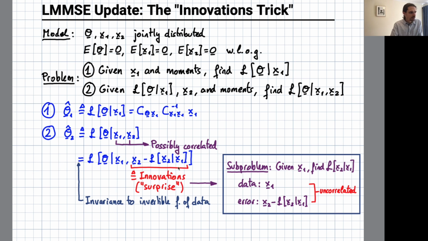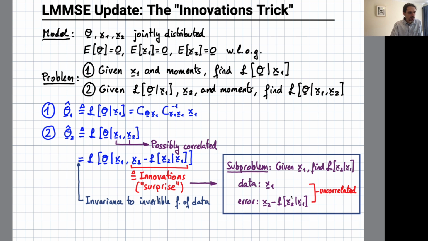To see the relation between this vector and this one here, let's have a closer look at this estimator. This one is the solution of this sub-problem. Given x1, we need to find this LMMSE estimator. The data of this problem is therefore x1, and the error will be x2 minus the LMMSE estimate.